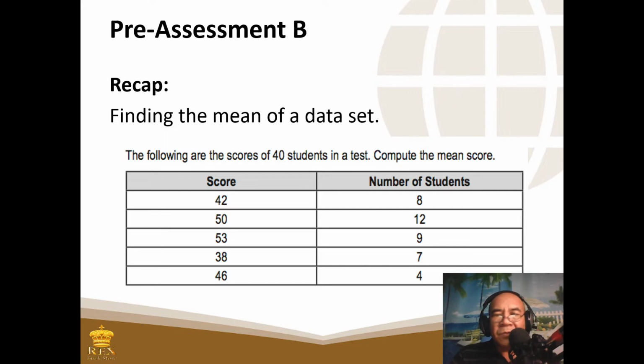For those students who scored 42, there are 8. For 50, 12, 53, 9, 38, 7, and 46, 4. So you're going to solve for the mean of the data set. So we have already discussed this in the previous lesson. Okay?